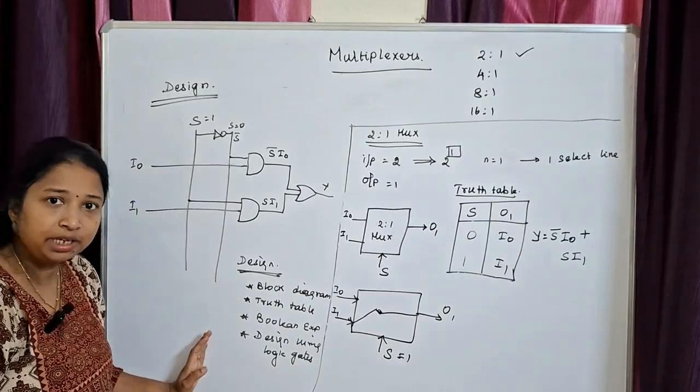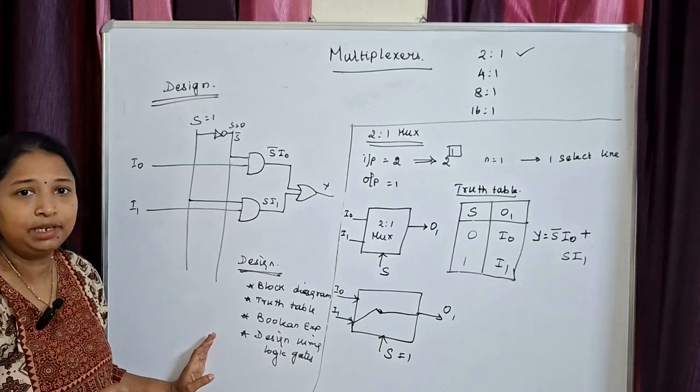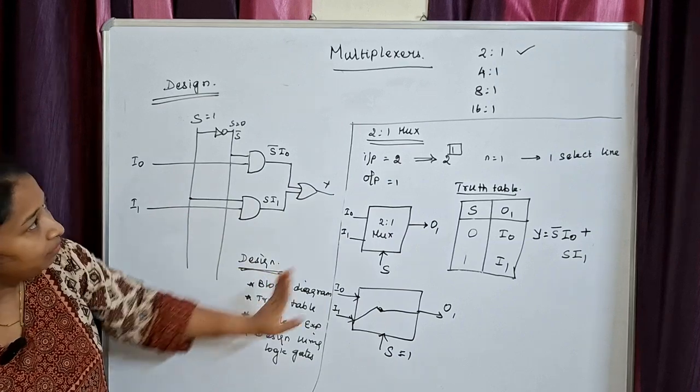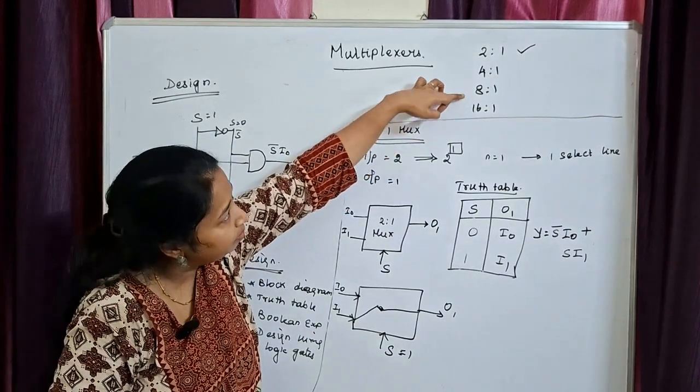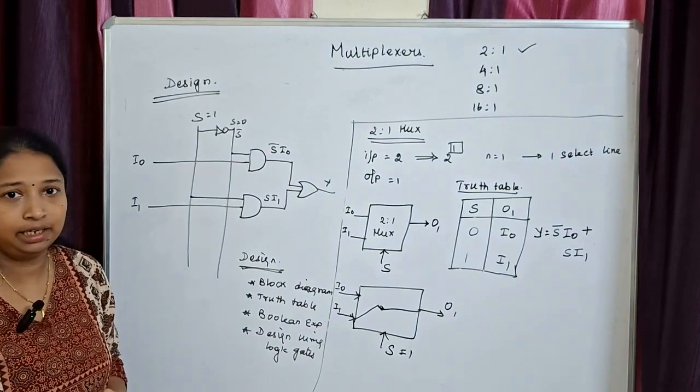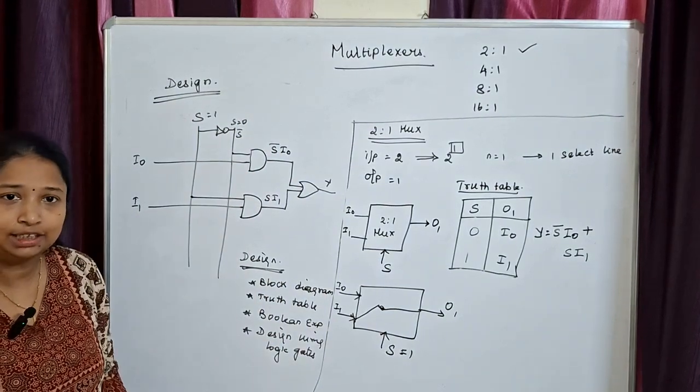These are the 4 steps that you should always keep in your mind whenever you see the word design. Is that clear? In a similar way, we will also try to design 4:1 multiplexer, 8:1 multiplexer, and 16:1 multiplexer in our later lectures. I hope you are clear with this lecture.